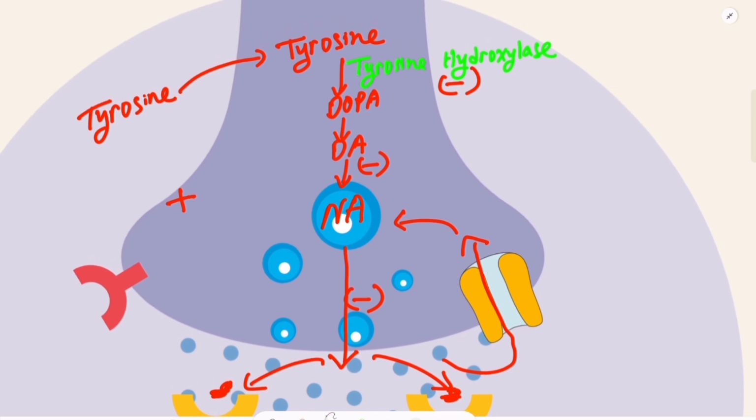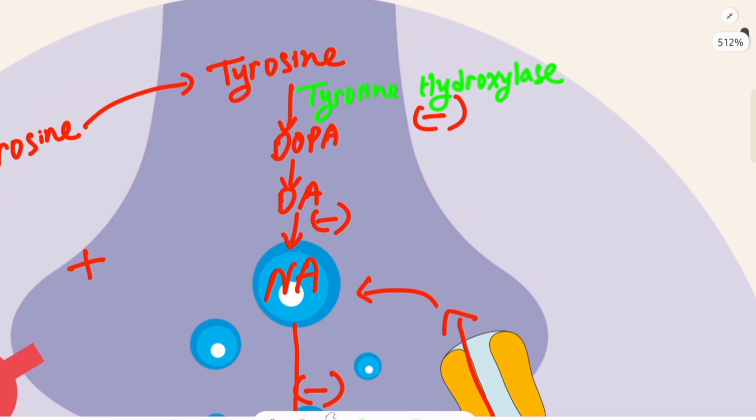The drug that inhibits the tyrosine hydroxylase enzyme is called metyrosine. Again, from the name we can remember: metyrosine, the name says I am tyrosine.